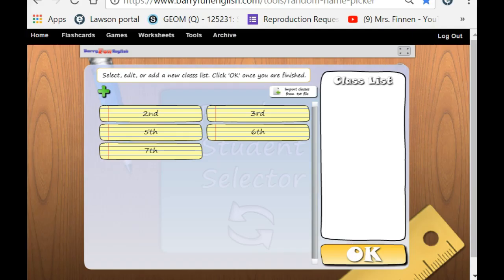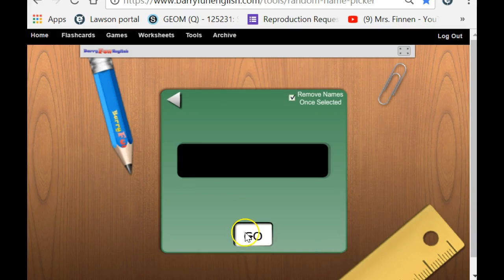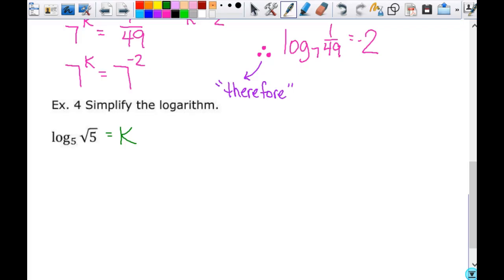All right, so I want to know how to rewrite this in exponential form. All right, so Yadiel, how would I rewrite this in exponential form? Okay. And then what?